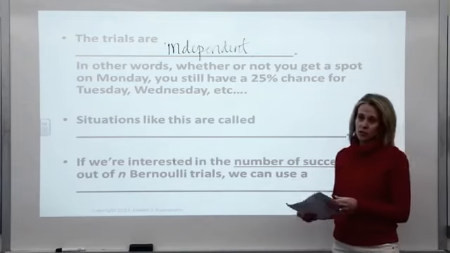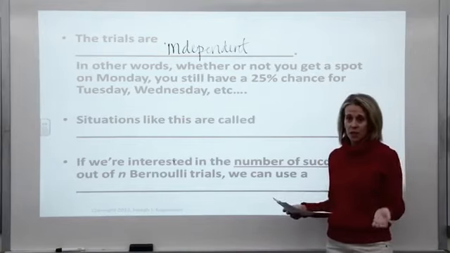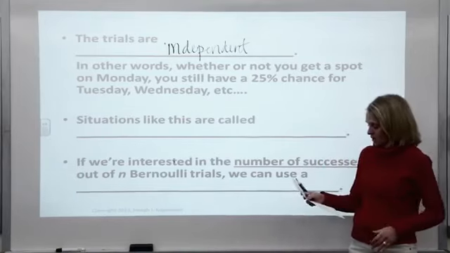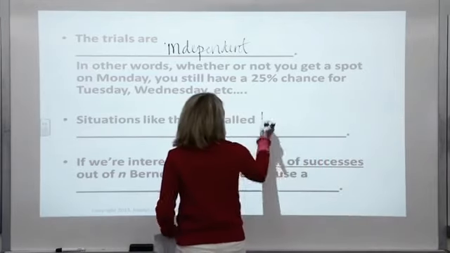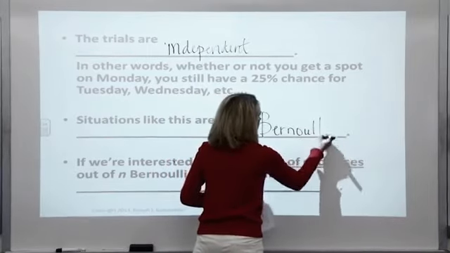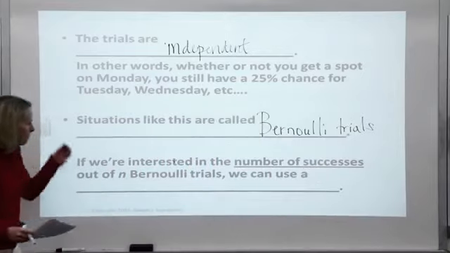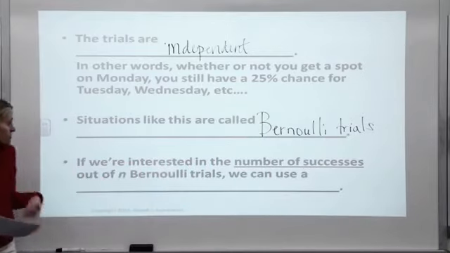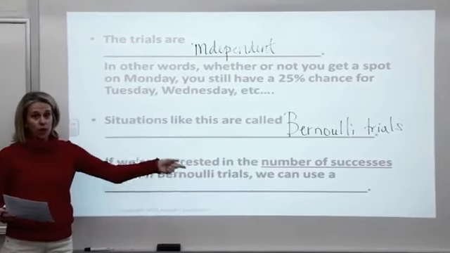When we have situations like this, where we have two outcomes, the likelihood of a success is constant, and the trials are independent, we have something called Bernoulli trials. Try to spell that right. And what we're going to be interested in is the number of successes out of n Bernoulli trials.